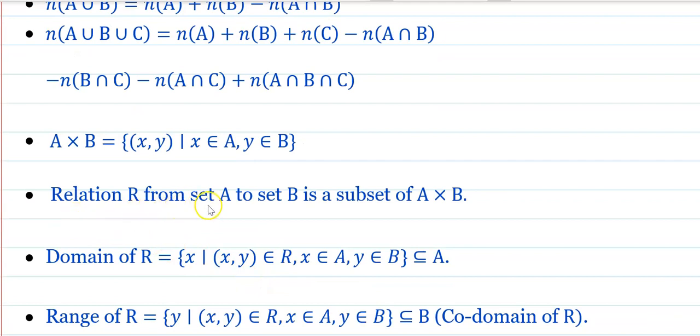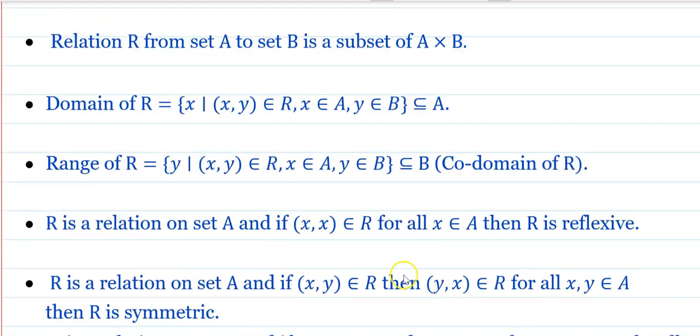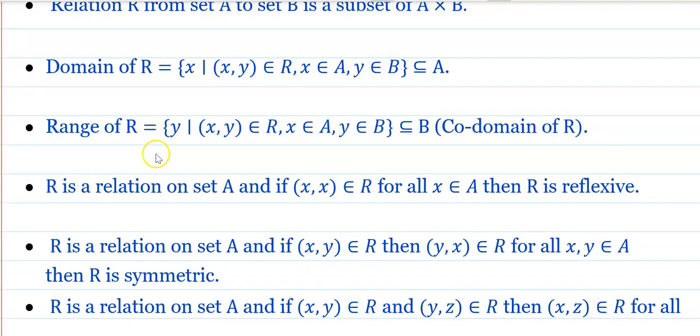A relation R from set A to set B is a subset of A cross B. Domain of R is {x such that (x, y) belongs to R, x belongs to A, y belongs to B}, and it is a subset of A. Range of R is {y such that (x, y) belongs to R, x belongs to A, y belongs to B}, and it is a subset of B, that is the codomain of R.